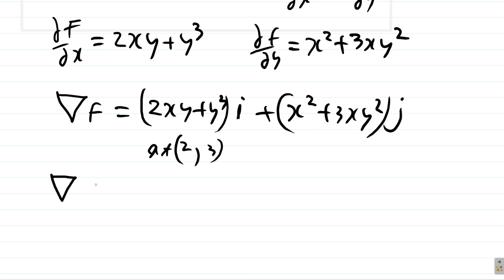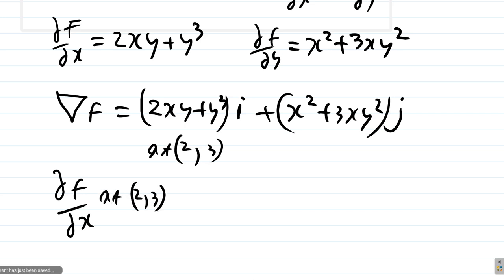So, the gradient of f is good. Alright, let's not jump to that. Let's do it one at a time. The partial derivative of f with respect to x at (2, 3) is equal to 2 times 2 times 3 plus 3 cubed.